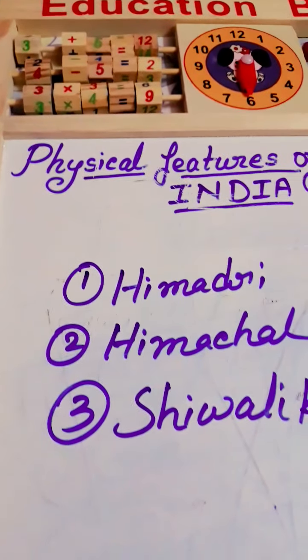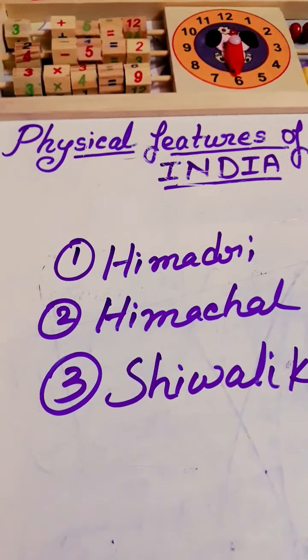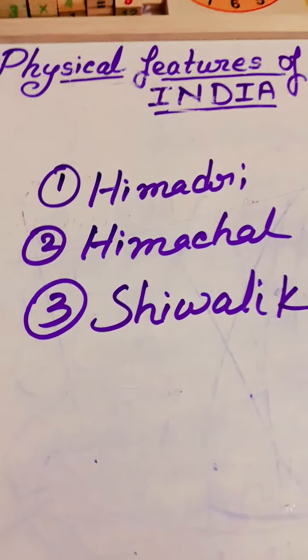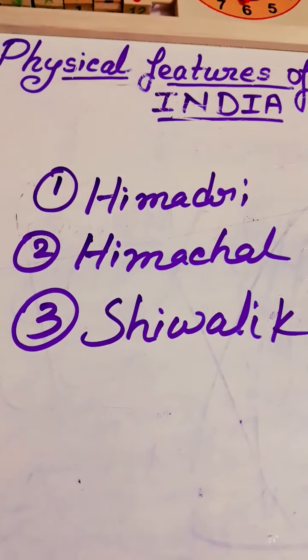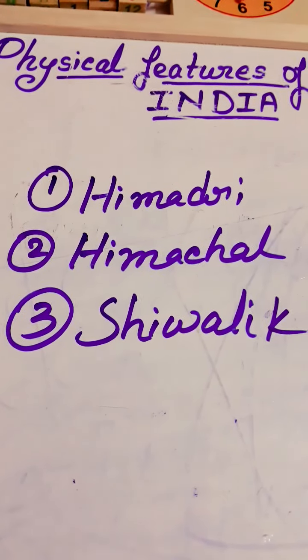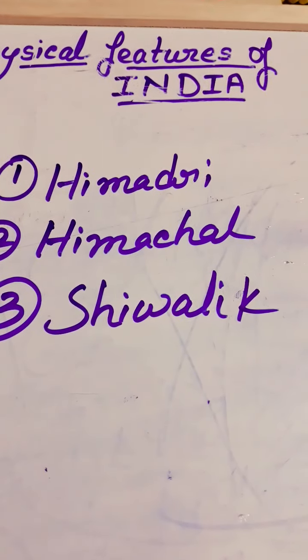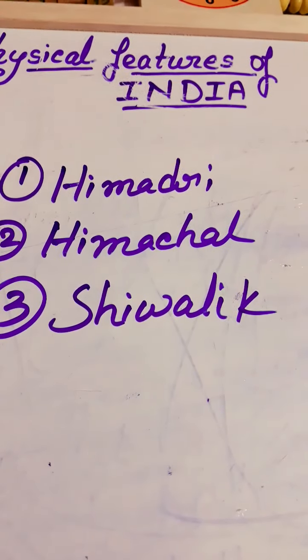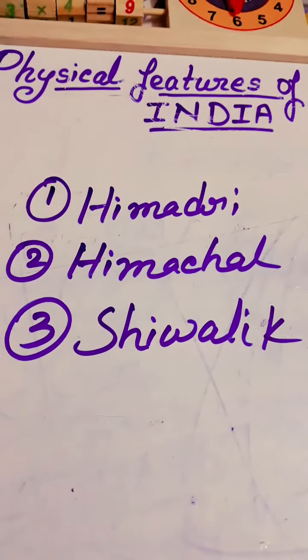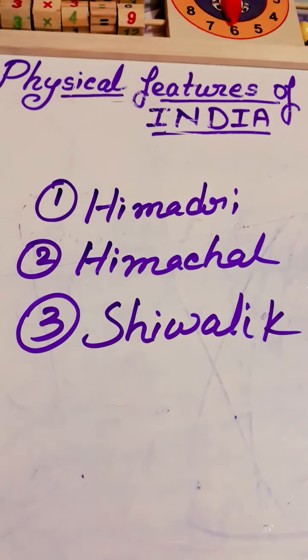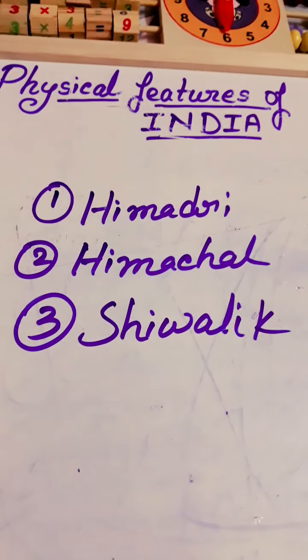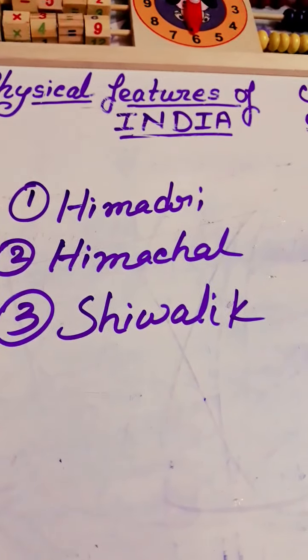So if we want to discuss the Himadri, it is the northernmost range of the Himalaya. It is also known as the Greater Himalaya. It is the most continuous range consisting of different types of peaks with a height of 6,000 meters.